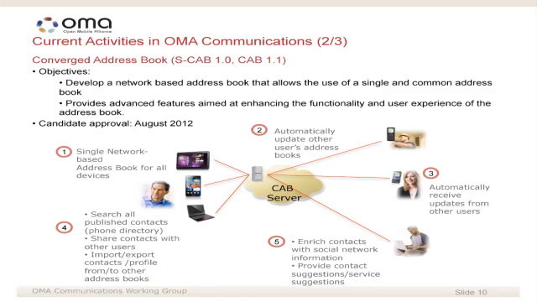Number 4, also search or publish contacts on the phone directory, sharing some of your contacts with other users, importing and exporting contacts and profiles from other address books. Some more recent activities in the Converged Address Book area are also focusing on enriching the features with contacts with social network users, being able to interact with social networks, and for instance, being able to get information about suggestions of contacts from different users in social networks and story suggestions.